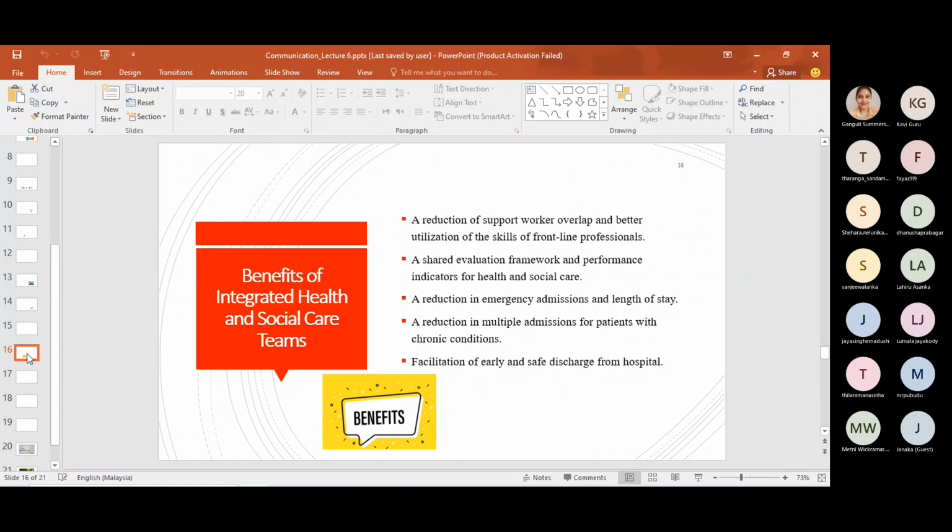It can be accidents, near-death accidents likewise. So emergency admissions are admissions that you must respond to immediately. You don't have time to waste when it comes to emergency admissions.